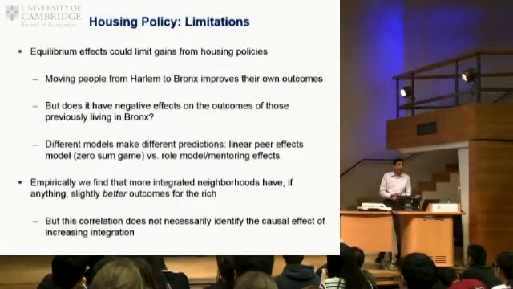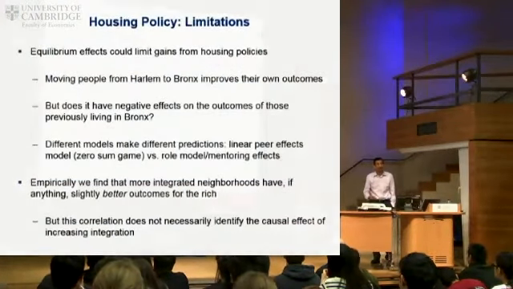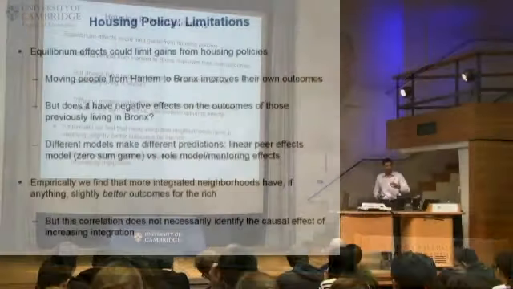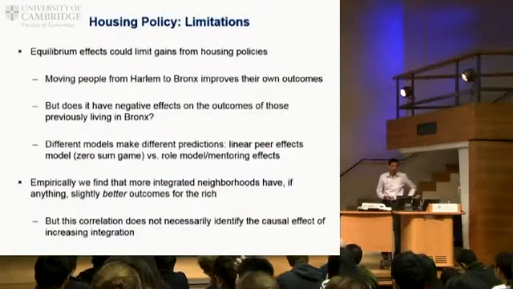That's not clear. And there are different models of interactions and peer effects that make different predictions about what would happen. So if you have a linear model of peer effects, essentially something that would generate a zero-sum game, where if you are around people who are doing better, that helps you, but it hurts them in equal proportion, then you might not actually get any net gain from a social point of view in terms of moving people to these better areas.